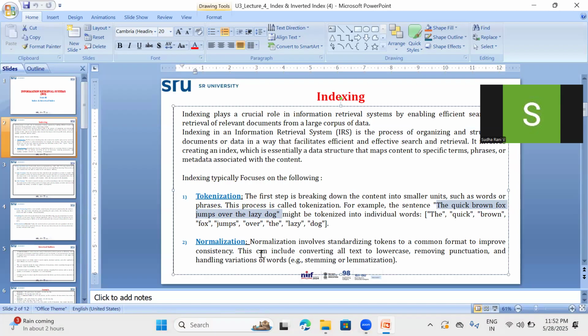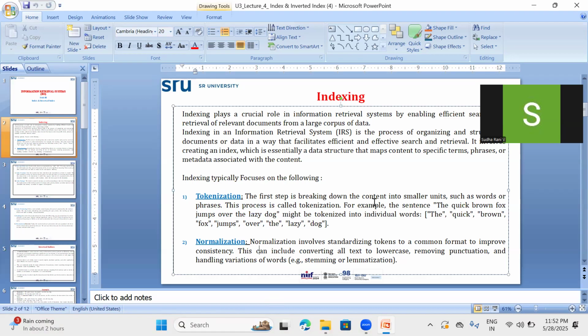Next, normalization. Another step of indexing: the first one is tokenization, the second one is normalization. Normalization involves standardizing tokens to a common format to improve consistency.